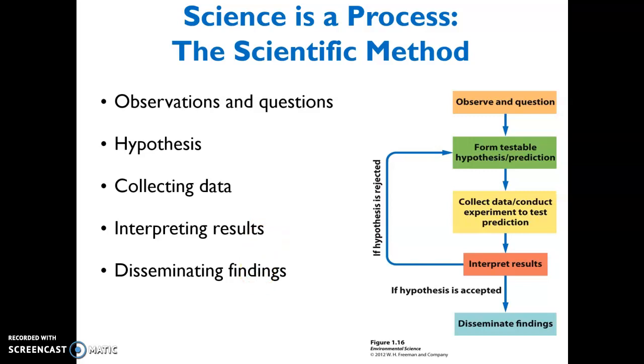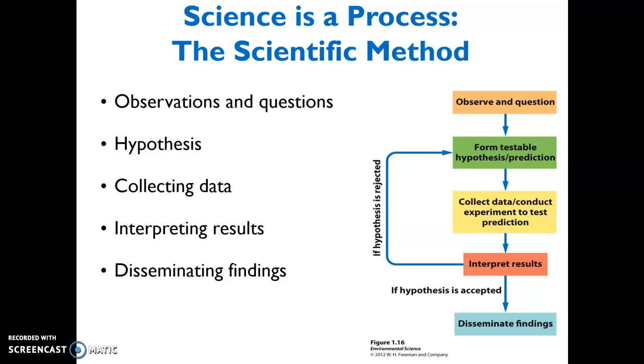Findings may be disseminated through various venues. The best would be through a scientific journal, which is peer-reviewed. That means that the researchers would write up their experiment and their data and interpret their results and send them to a respected journal that would have a panel of people who work in that particular field review the findings, and if they seem reasonable to publish, then they would publish.